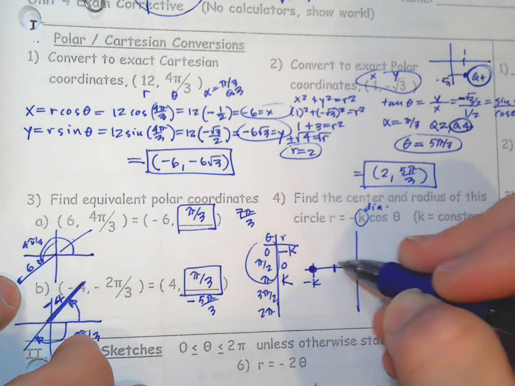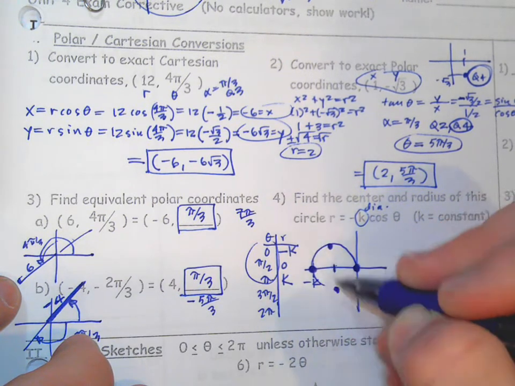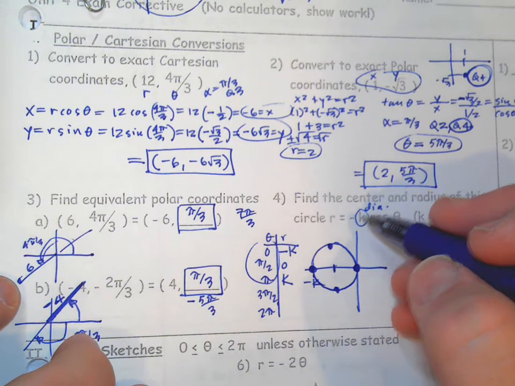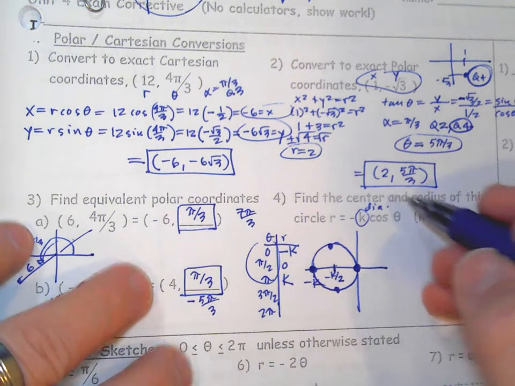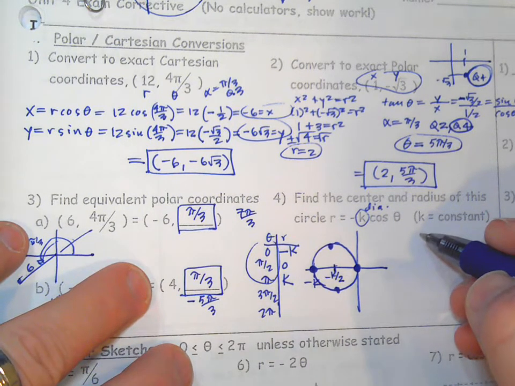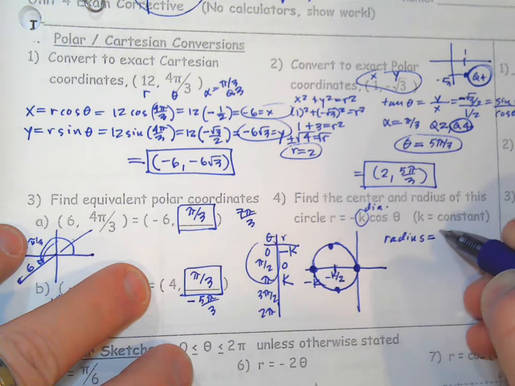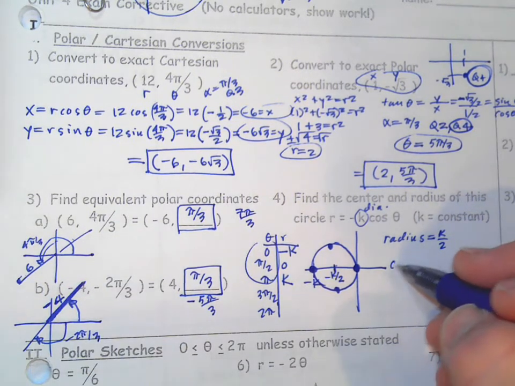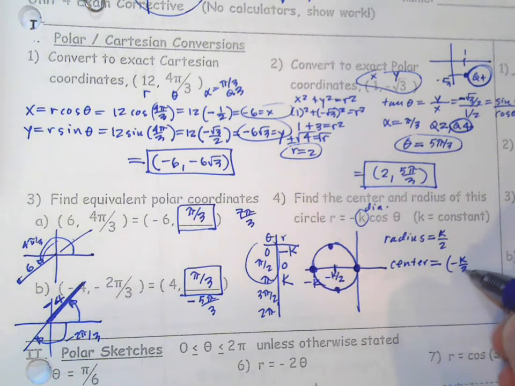So this is the circle here. So the center is at negative k over 2. Find the center and the radius. So the radius is k over 2. And the center in Cartesian coordinates is negative k over 2, comma 0.